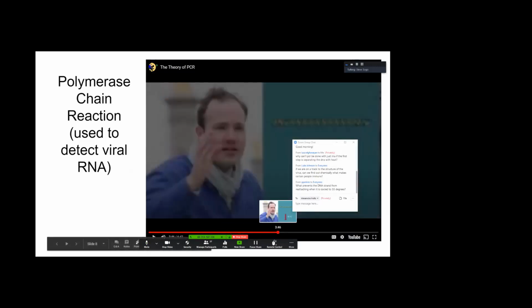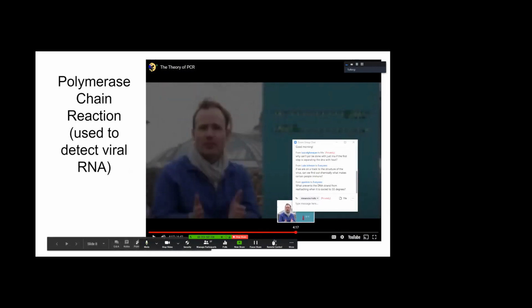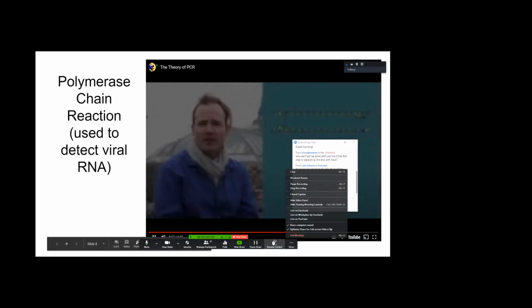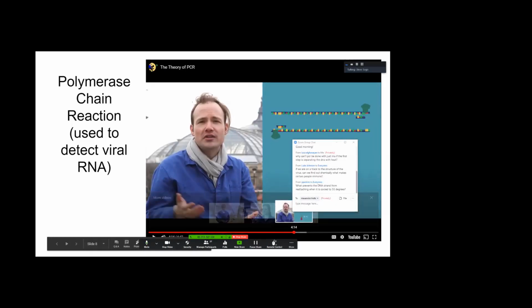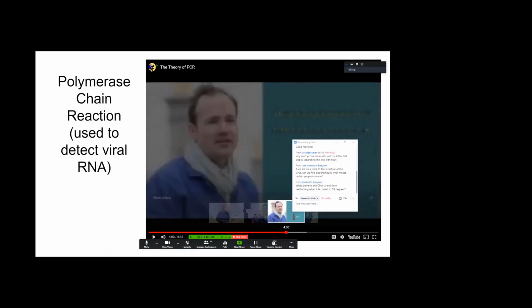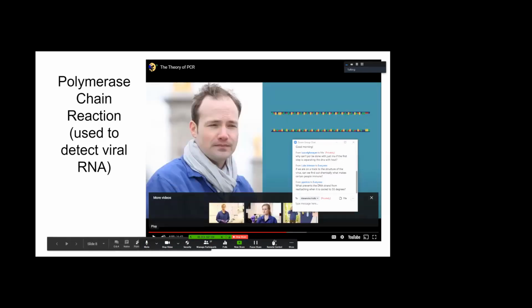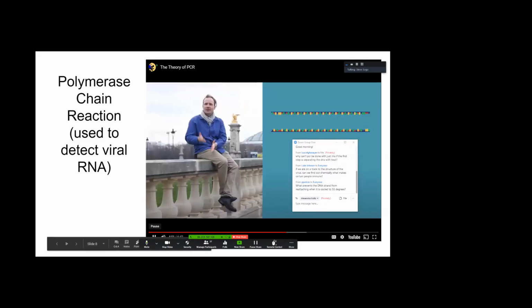Okay, so right about here, to about 72. All right, so you first separate the DNA. Next, we cool the reaction down to about 55 C. At this temperature, the primers can bind to the template DNA.